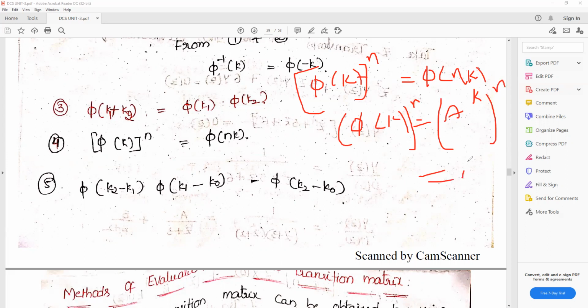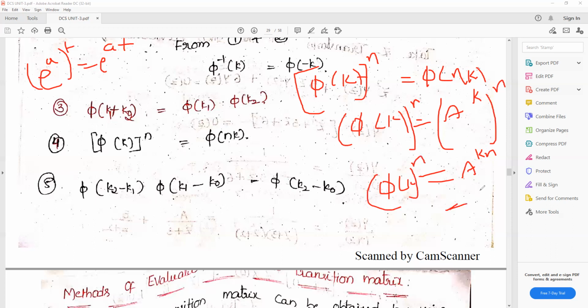So in the formula of e power a whole to the power of t is equal to e power a into t. So a power k into n. So phi of k whole to the power of n is equal to phi of nk.